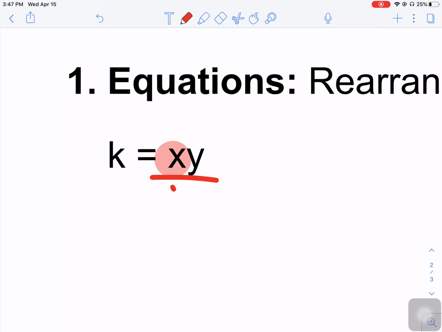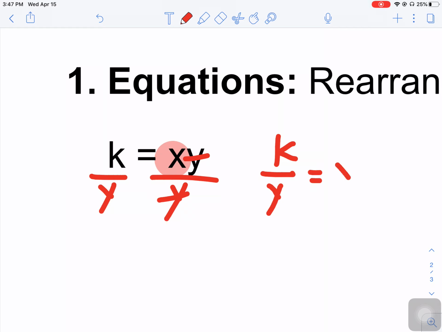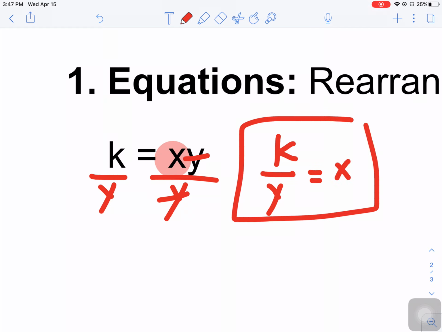For the first problem, we're going to divide both sides by y. And when we do that, y cancels out y. I'll rewrite the equation for you: K over y is equal to x. So we have rearranged that equation for x, and that is going to be my final answer.